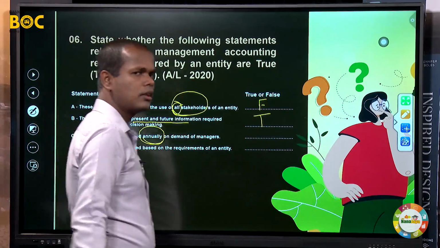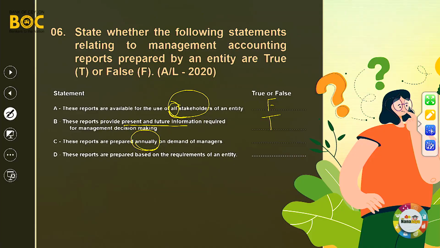On demand is correct, but annually? In management accounting there is no specific time period. You don't specify annually, weekly, monthly. Anytime you can prepare. But it says annually, they have specified, so the statement is false.